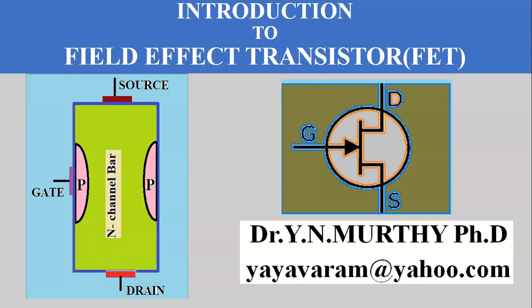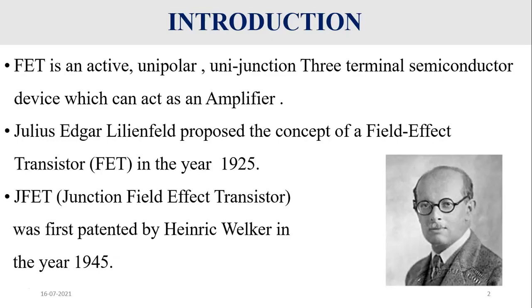The field effect transistor is basically an active unipolar unijunction three-terminal semiconductor device which can act as an amplifier. This is almost similar to your bipolar junction transistor, but a bipolar junction transistor has two types of polarities and two junctions.